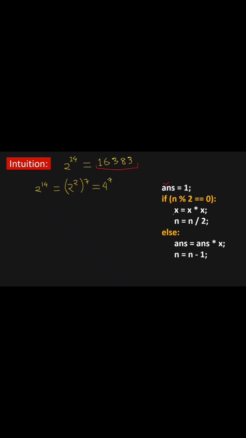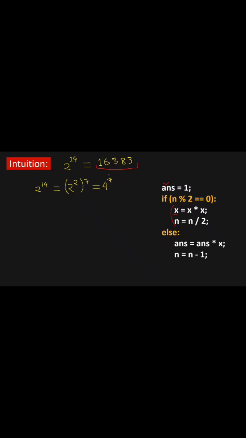Here we have multiplied x with x, so 2 with 2. Then we divide 14 by 2. So now we have 4 to the power 7, and here you see 14 is divisible by 2, so we apply this formula.